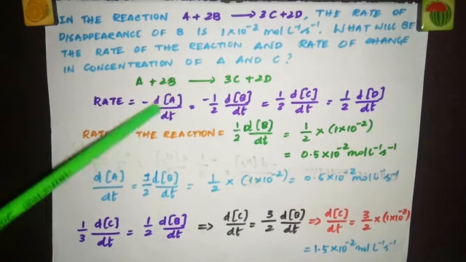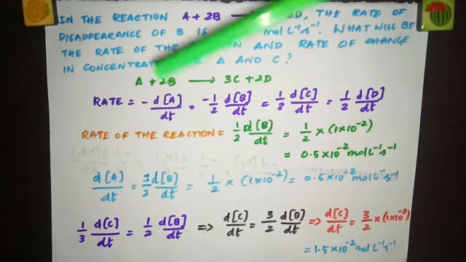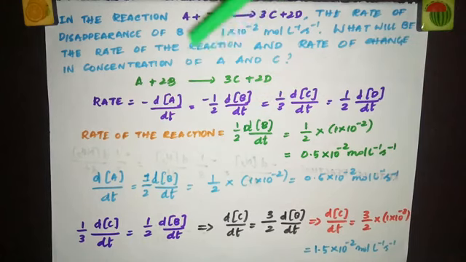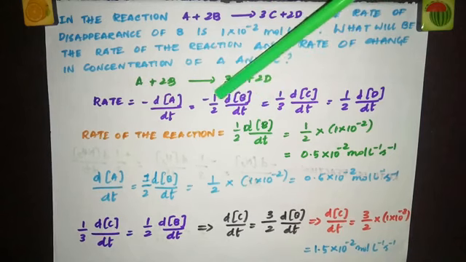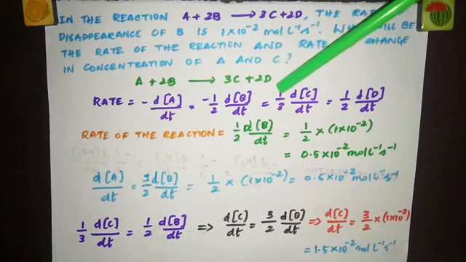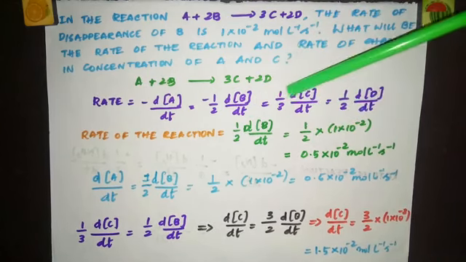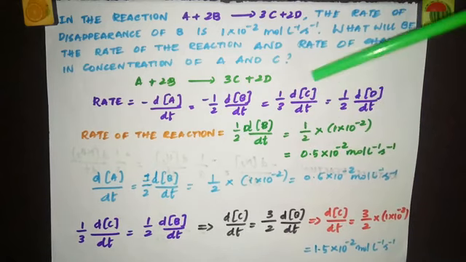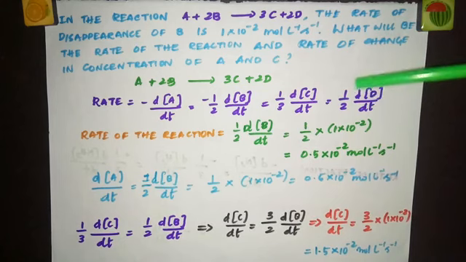Rate of disappearance of A, and this is rate of disappearance of B. Rate of disappearance of A equals rate of disappearance of B when this is multiplied by 1 by 2. So that gives you the rate of the reaction. Again, this equals 1 by 3 dC by dt. And what is this? Rate of appearance of C, and that equals 1 by 2 dD by dt. Again, what is this? Rate of appearance of D.